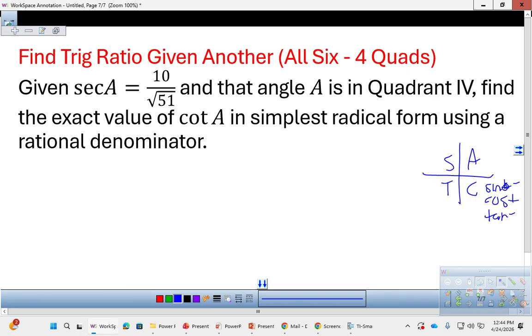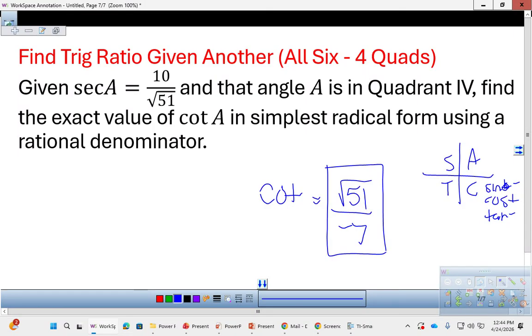So you could have added the negative at the end. I'm sorry that that all deleted. You can rewind the video and pause it if you need to see it. I'm not going to write it out again. But my answer would have been cotangent equals root 51 over negative 7. And what I would be typing into my calculator is that part.